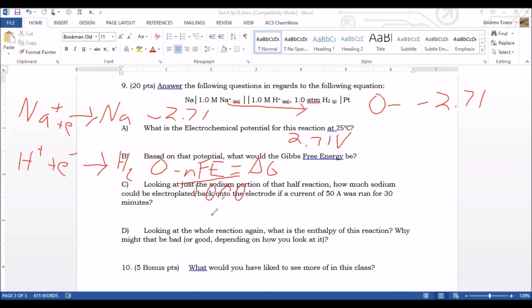Is this spontaneous? Oh God, yes. So negative 2 times 96485 times 2.71 divided by 1,000. You get the delta G is negative 522.95.